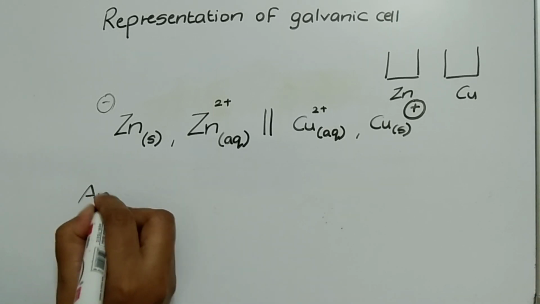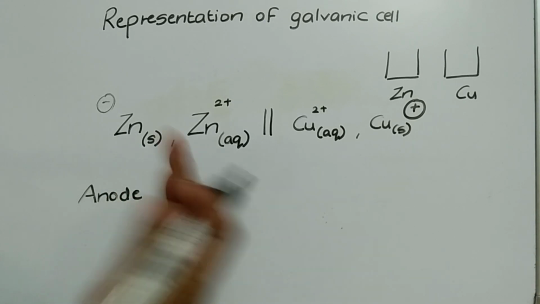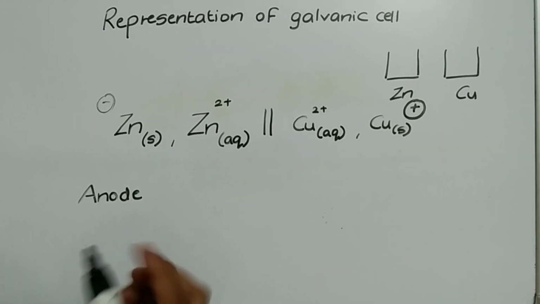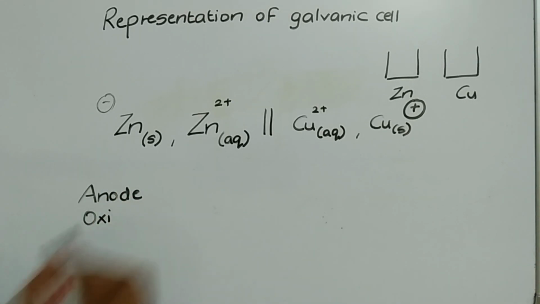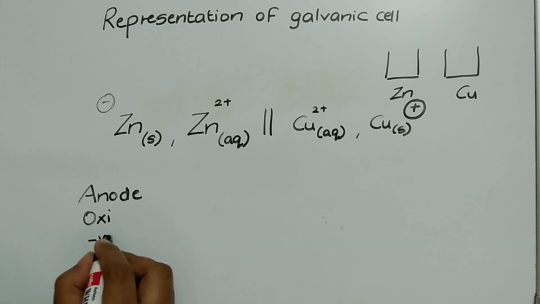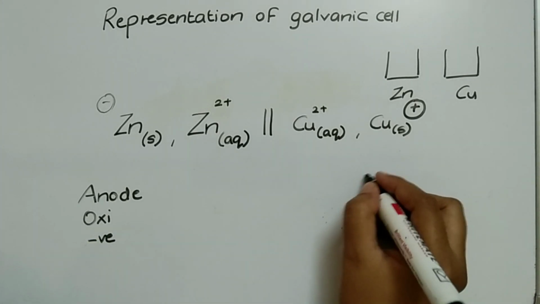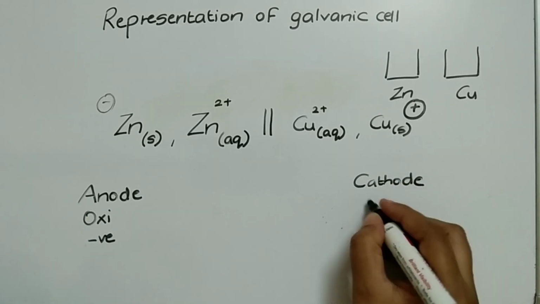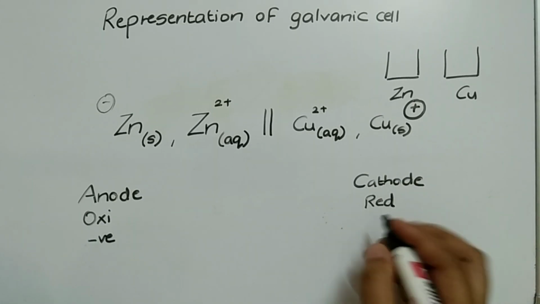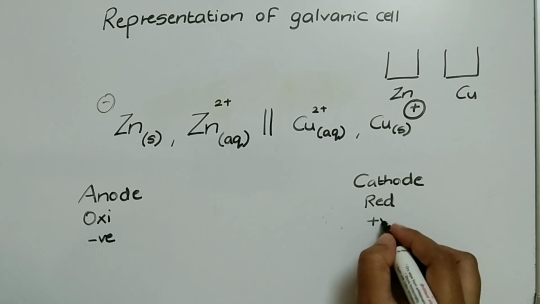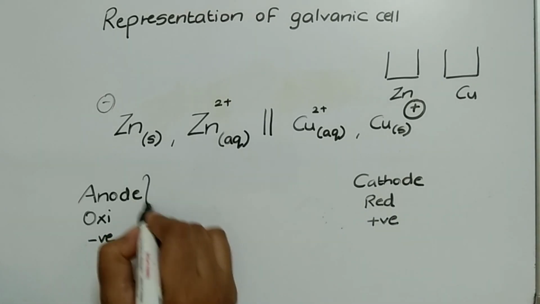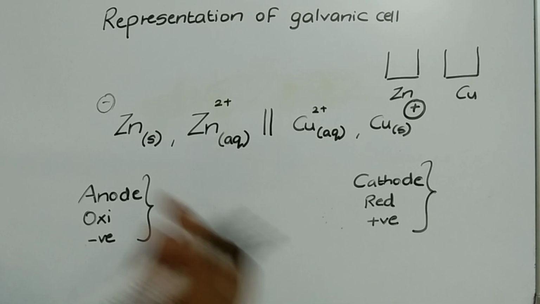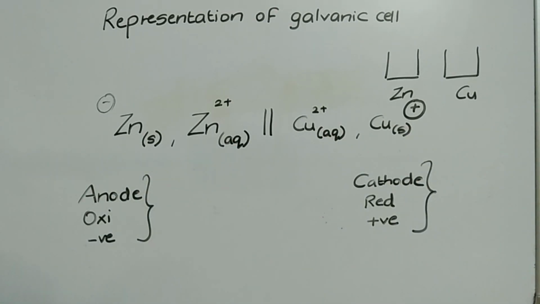So we remember it as anode, which is on the left hand side, on which oxidation will take place and it is negative. And on the right hand side, cathode, on which reduction takes place and it is positive. Correct? So you remember these words and you can represent the galvanic cell.